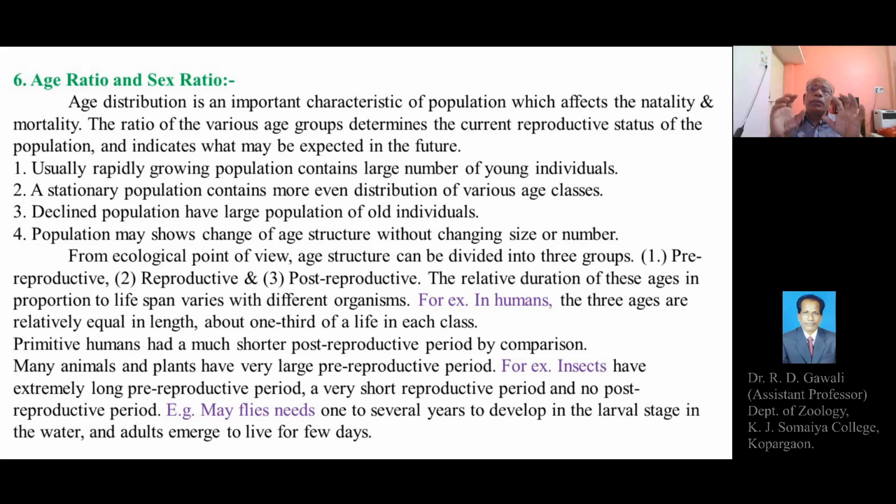The number of individuals among these three groups is changing, but the total population number remains the same or constant.